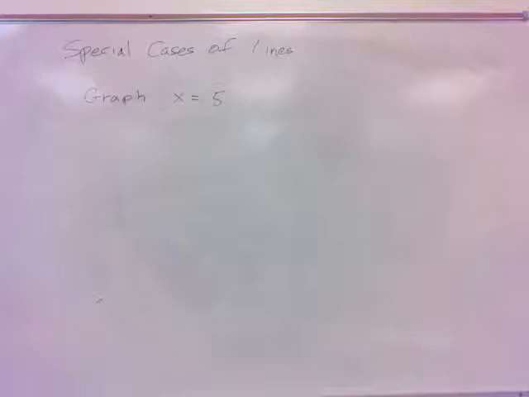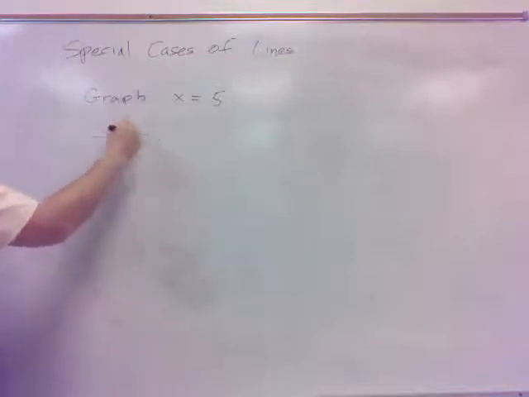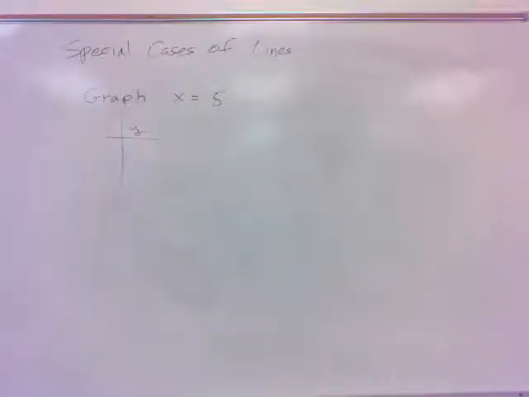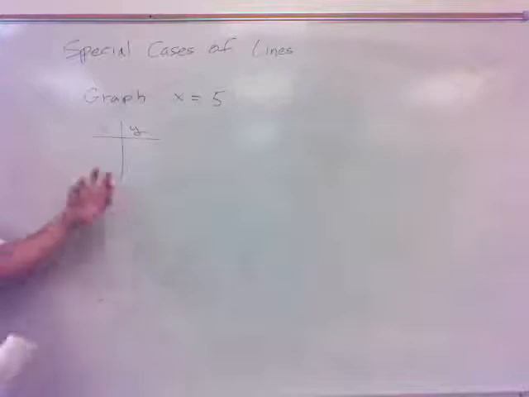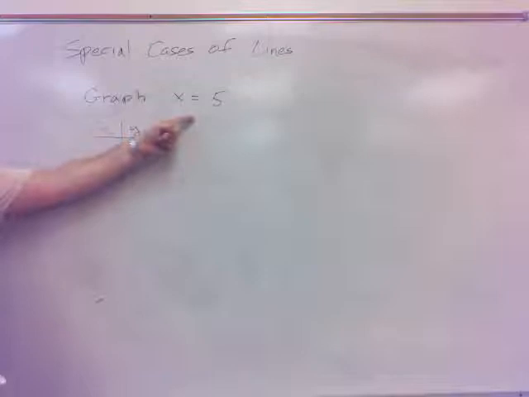Well, one way you can think about this, starting out anyway, is if you think about a table of values. What that equation is telling me is that x is locked in to be 5. In other words, on a table, if I put values up here, different points, x has always got to be 5.